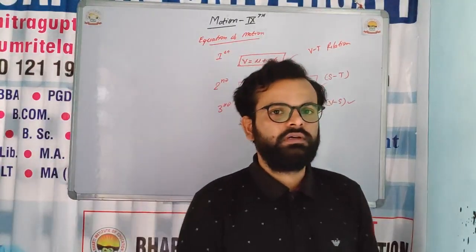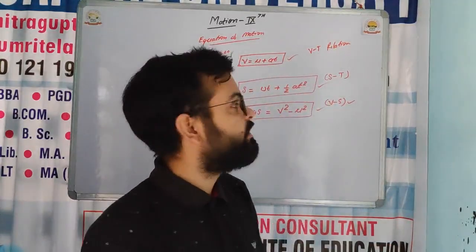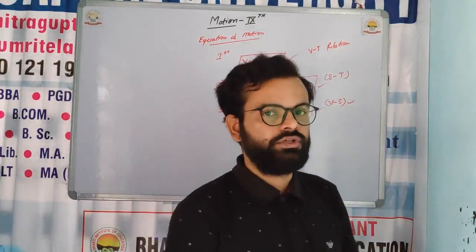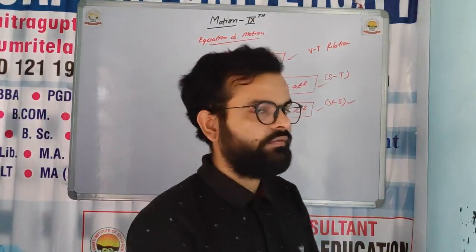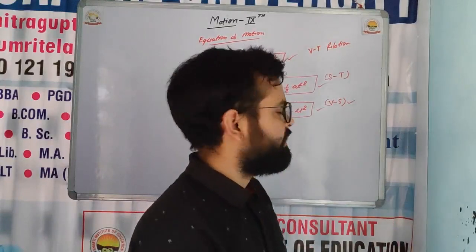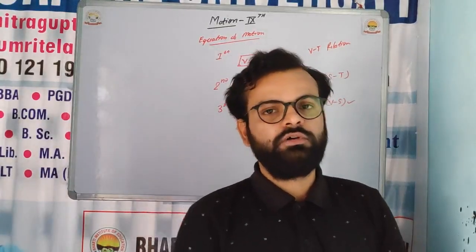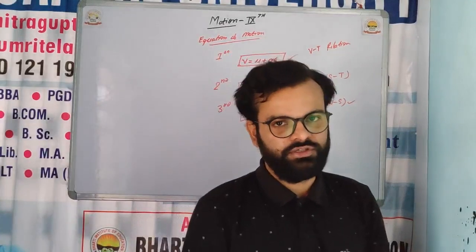So the first equation v equal to u plus at shows the velocity-time relationship, the second s equal to ut plus half at square represents the distance-time relationship, and the third 2as equal to v square minus u square represents the velocity-displacement or distance relationship.